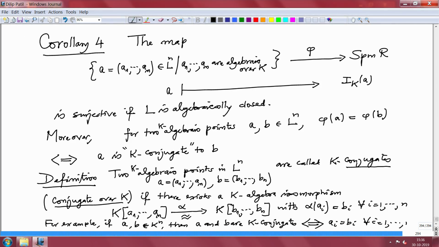This is obvious because if all the components are in K, then on one hand, because it is a K-algebra isomorphism, elements of K are fixed. Therefore, alpha of Ai is Ai on one side, and on the other side we are demanding it to be Bi because of the conjugacy. So, therefore, they are equal. And conversely, if they are equal, then obviously you can take the identity map, that is a K-algebra isomorphism from this to that. Alright, so now we come back to the proof of corollary 4.